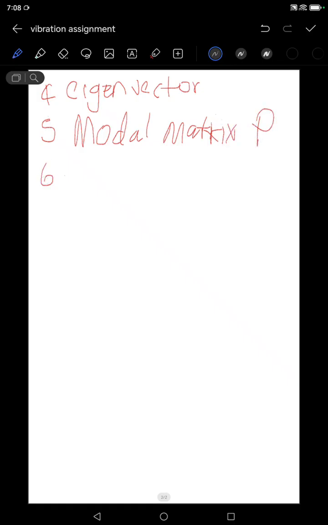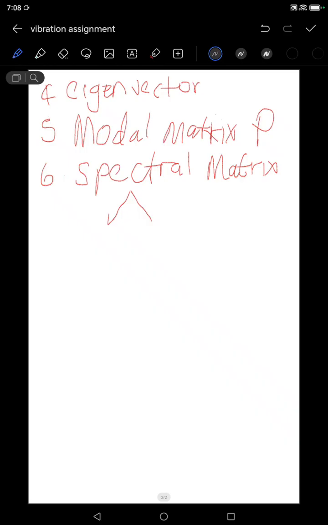Okay, and then number 5, that's where we're going to do the modal matrix and spectral matrix. Okay, modal matrix, which is P, capital letter P. And then number 6, we're going to do the spectral matrix, which is this sign, the V that is facing down.